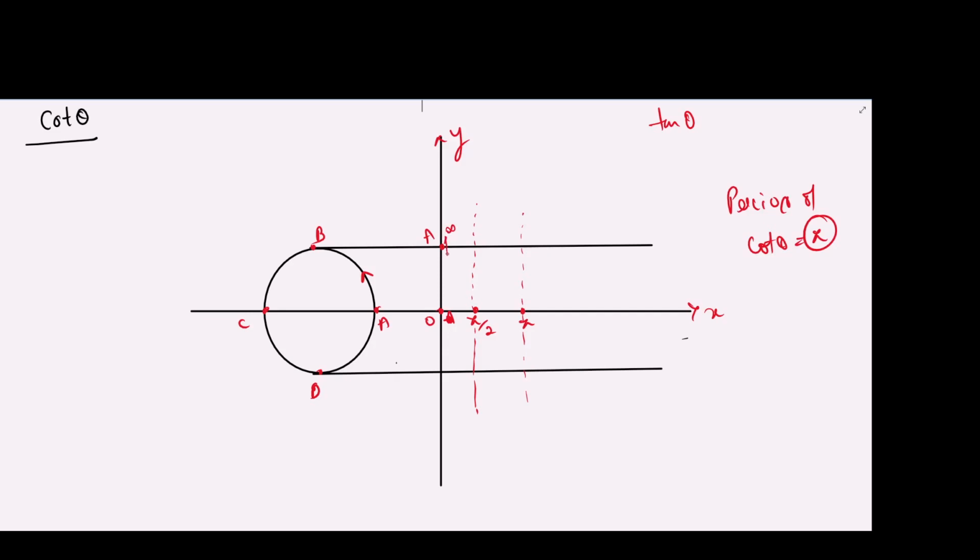So from point A to B, cot theta decreases to 0. From B to C, it increases to infinity. So this is infinity. So this is a plot of cot theta. So this is point A, this is point B, and this is point C.